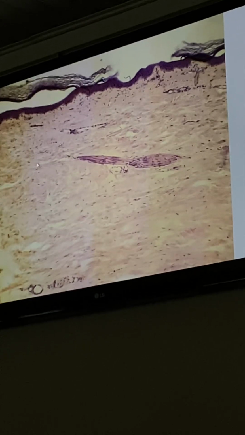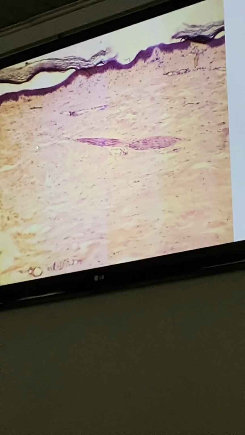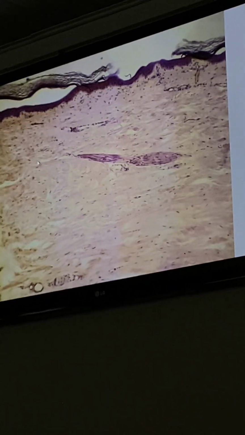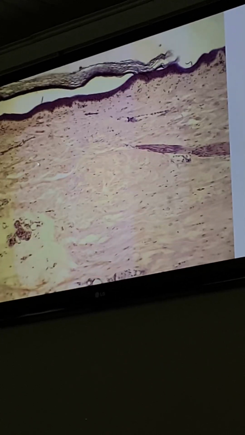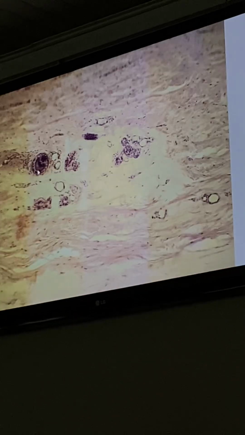The deep reticular layer also has a network of elastic fibers that give elasticity to the skin. Also, you can see the hair follicle, sweat gland, and hair follicle with sebaceous gland.